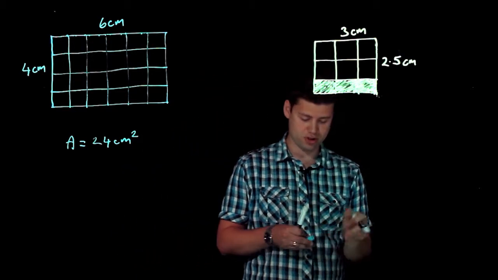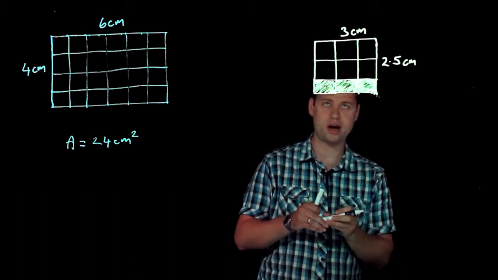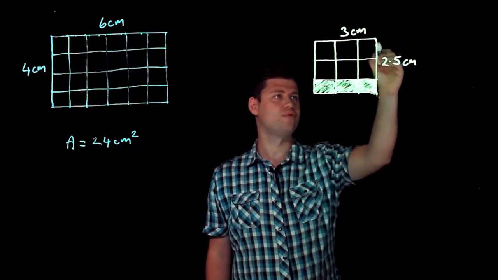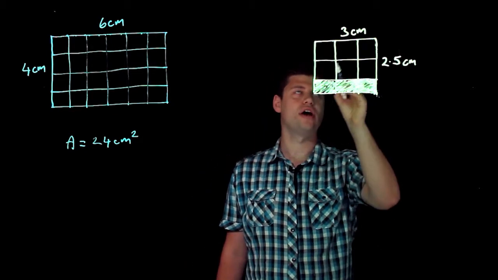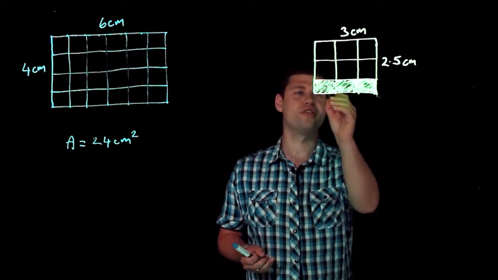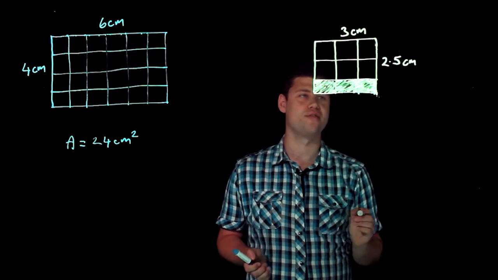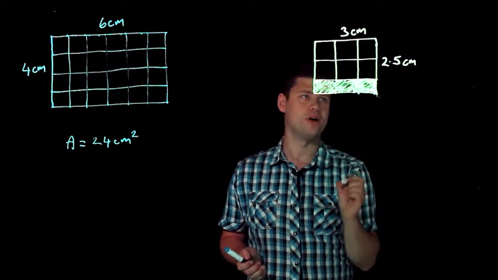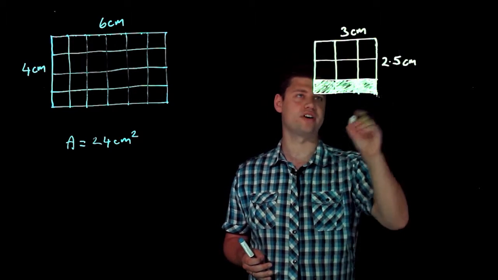Now, if I come over to my other example, you'll notice that again we've got a length here of 2.5 centimetres and a width of 3 centimetres. So the reason why I've got these areas shaded in here is to represent the fact that these are half a box rather than a full centimetre in this direction.